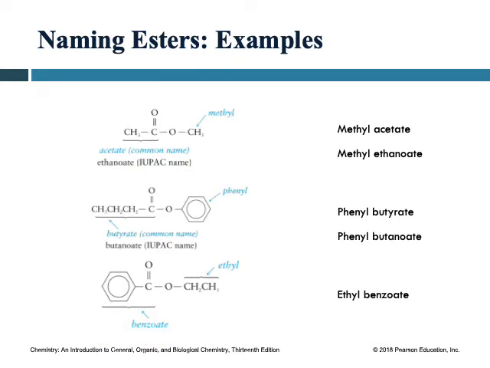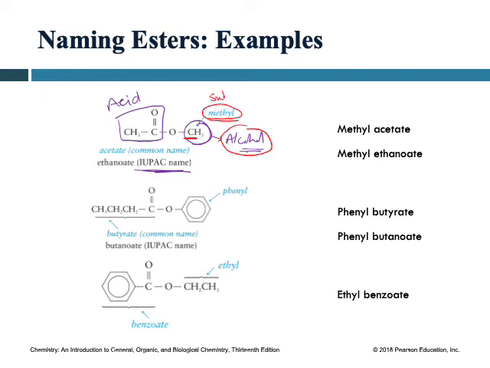Okay, so these are a couple of examples, and let's see how it works, how to name the IUPAC name. So we know this part comes from alcohol, if you remember, and then this part comes from acid. So how we normally name them, like I told you on the previous slide, the alcoholic part name should be used as a substituent, and how many carbons do you have in here? 1, so that's why it's methyl.